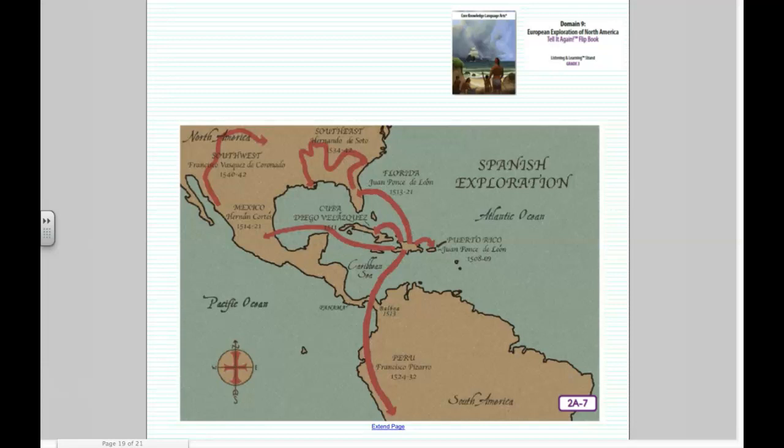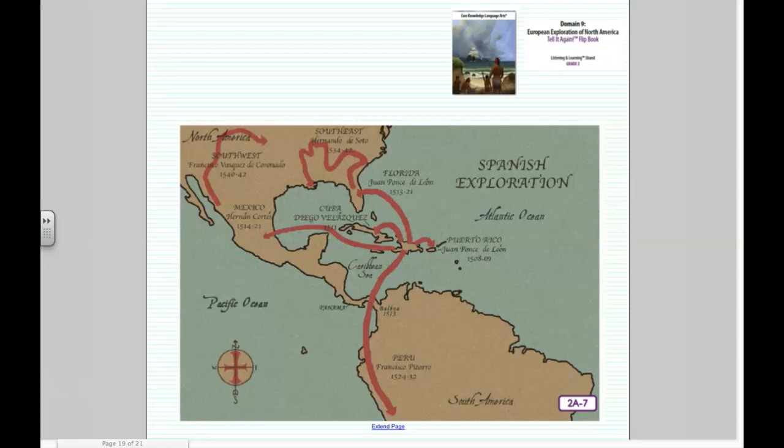After helping Pizarro conquer the Inca Empire, the conquistador Hernando de Soto returned his attention to North America. He landed his troops on the west coast of Florida and led them on a long trek through what is now the southeastern part of the United States.